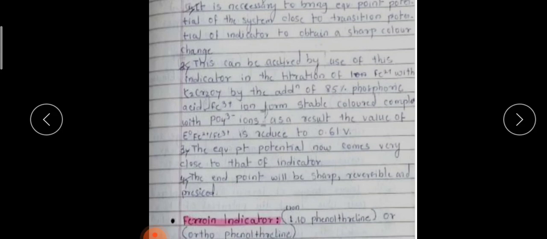Fe3+ ions form a stable colored complex with the PO4 3- ion. As a result, the value of E0 for Fe2+/Fe3+ is reduced to 0.61 volt. The equivalence point potential now comes very close to that of the indicator. The end point will be sharp, reversible and precise.